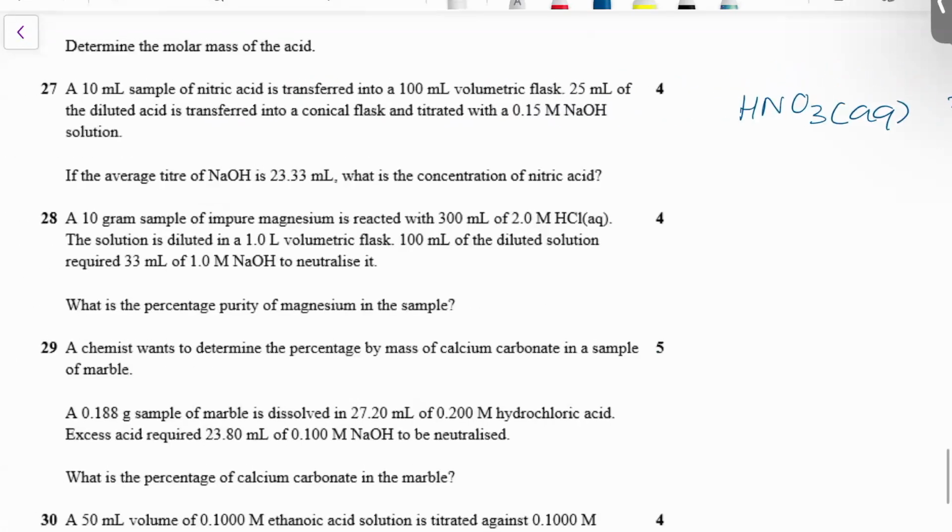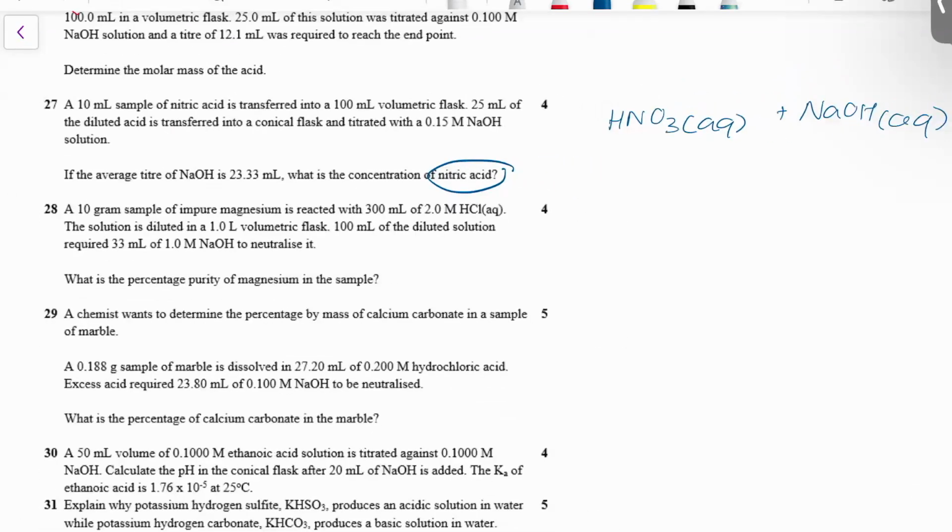They're asking me for the nitric acid, so that's where I want to end up once I'm done using my equation, which means I start at the NaOH. And once again, like any stoichiometry question, I read my equation in terms of moles.